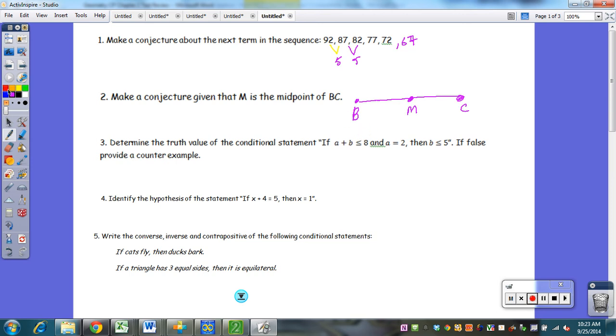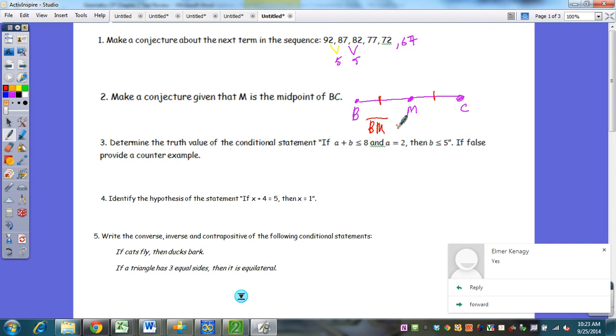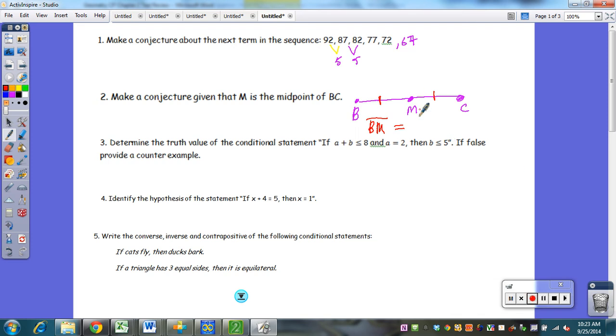There's something unique about the midpoint in that it creates two congruent parts for me. So then if M is the midpoint, then I can make a conjecture that this segment right here, BM, is congruent to MC. We've got to do the congruent sign here.